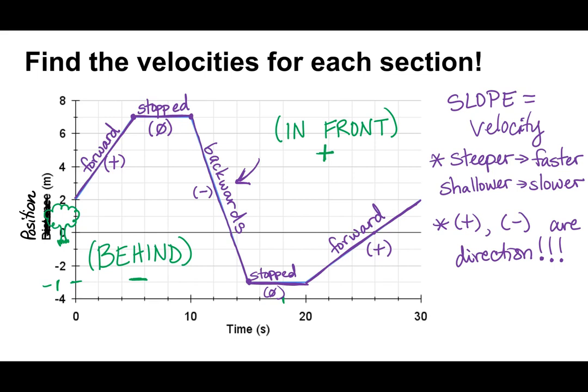And so if you're stopped, you're stopped. Slow means you're still moving. And so between the other two that are left, this one is fastest. Between the other two, this one looks the shallowest. And so this is going to be the slowest. Again, it has nothing to do with if it's a positive or a negative. That's just what direction it's going. It's all about that slope.